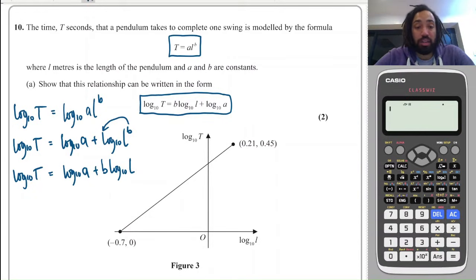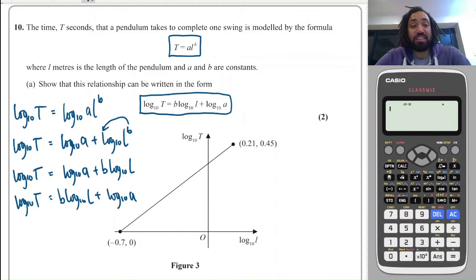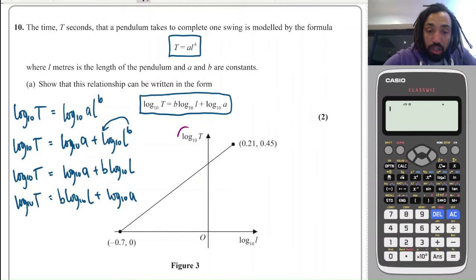And then that can be written the way round which they have, which is b log base 10 L plus log base 10 A. And that's the best way to write it because we can now line up: that variable is on the y-axis, so that could be y.